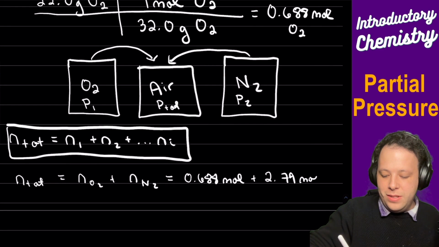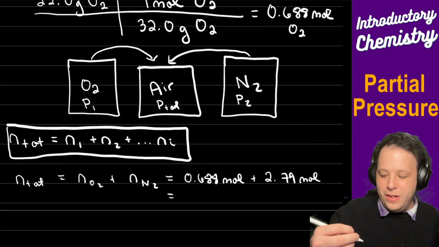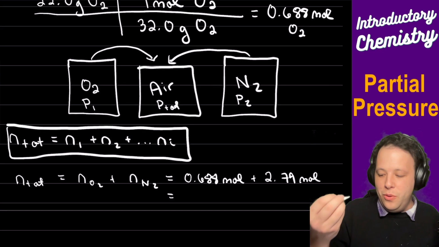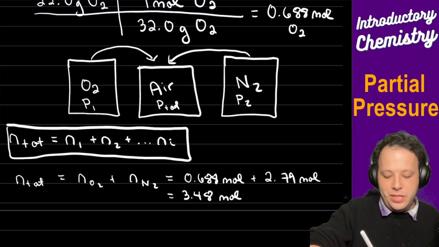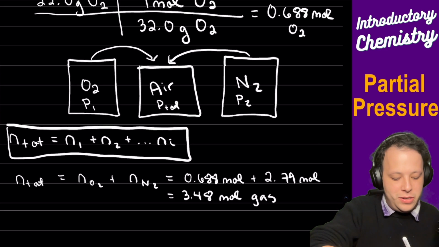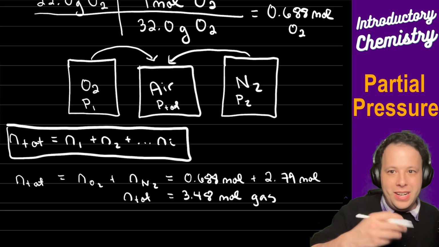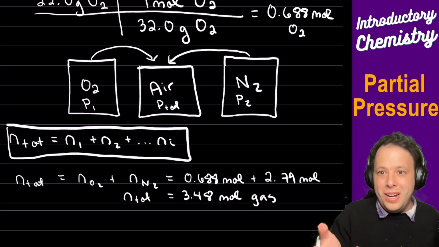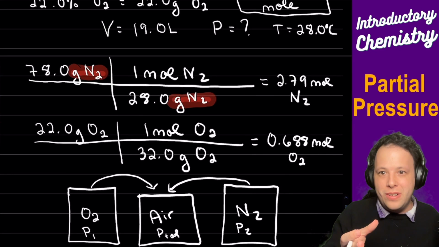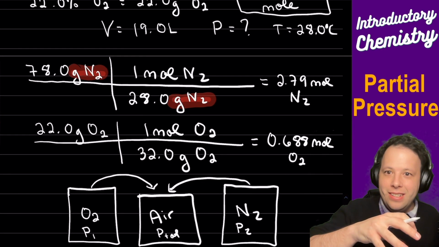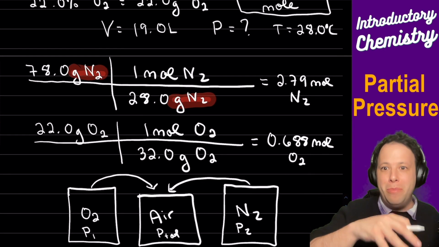We'll add those together, and what we're going to end up getting is the total moles of gas in this sample. So just indistinguishable particles that are in my sample. So why is that important? Well, we want to know what the total pressure is, which is related to the total number of moles.